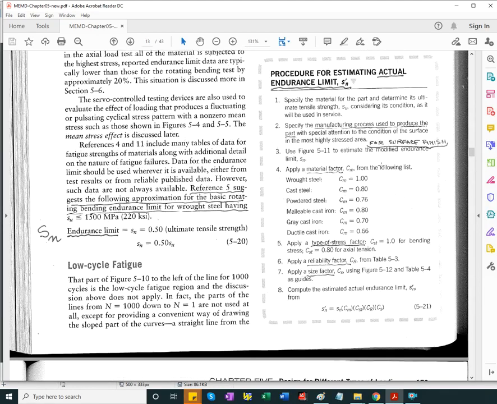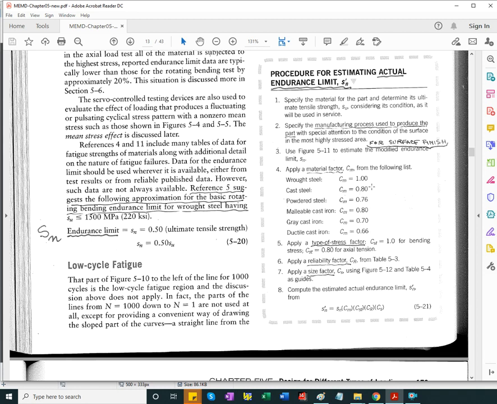Cm is a coefficient for the material factor. For wrought steel, it's 1, but cast steel, powder metal, and other materials that may have inherent defects, like for example cast iron has graphite flakes, which can act as minute stress concentrators.